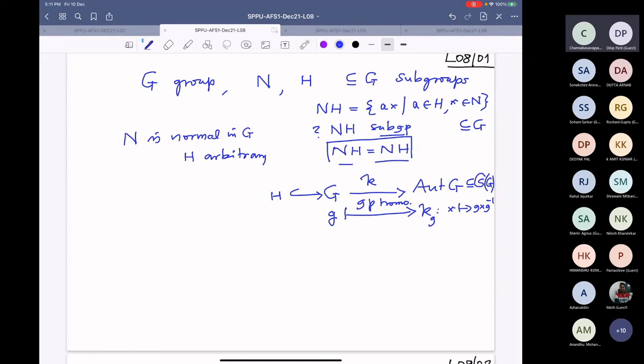This is by restriction, right? Now, what is this operation? So this also means that I will write here now: H operates on N by automorphisms.